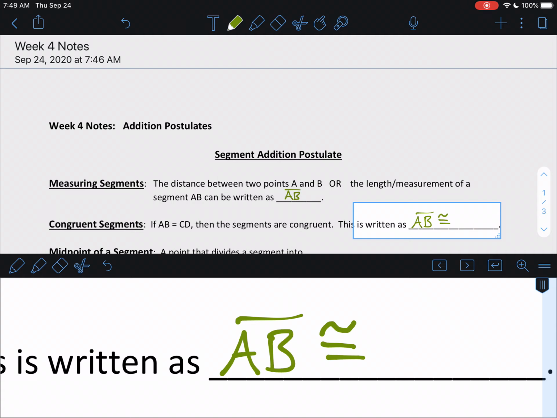And that would be congruent to CD. So that just means they're the same length. These 2 segments would be the same length. We've seen that symbol before on one worksheet we did, but not a lot of people knew what it meant. So now we know it means congruent. It means they're the same length.